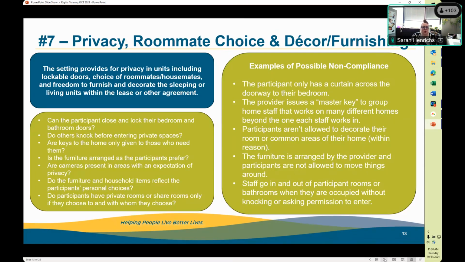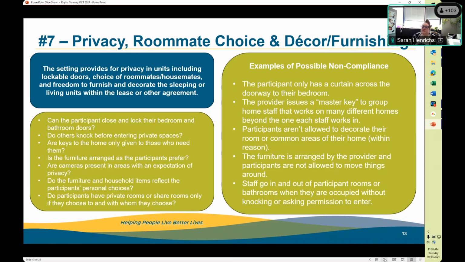Are the keys to the home only given to those who need to have access to them? Is furniture arranged as the people who live there prefer? Are cameras present in areas with an expectation of privacy? Do the furniture and household items reflect the participants' personal choices? And do participants have private rooms or share a room only if they choose to and with whom they choose?